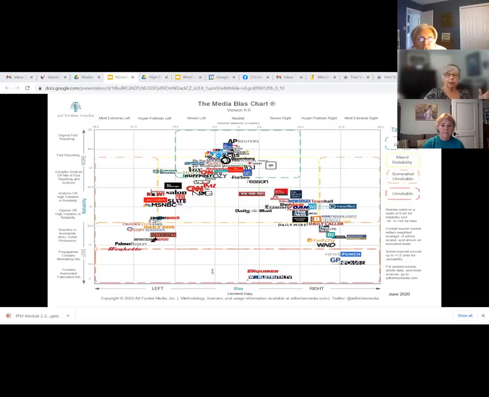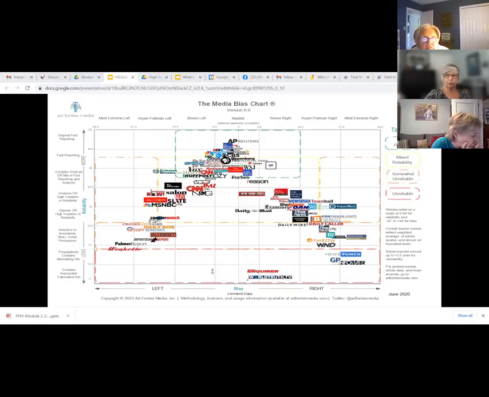The reliability or accuracy indicator is shown on the vertical axis, from the top, the most reliable source, which they've analyzed as AP Reuters, down to the bottom. In their opinion, that is both the Inquirer and a place called World Truth TV. The bias is shown on the horizontal axis at the bottom, from left to right, showing left-leaning, centrist, and right-leaning sources.